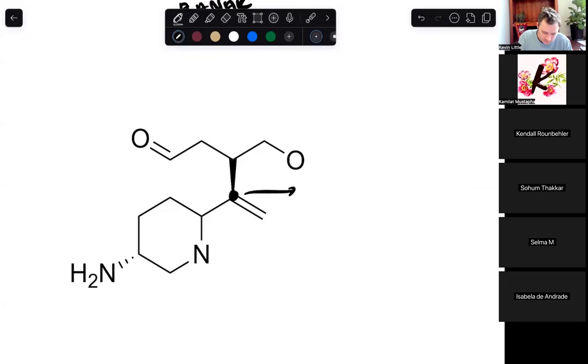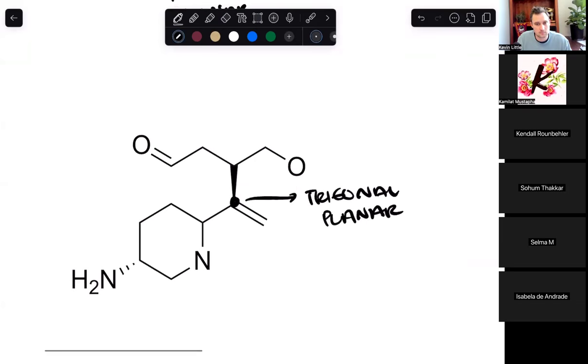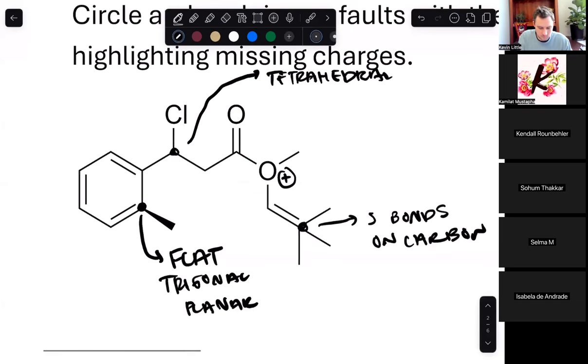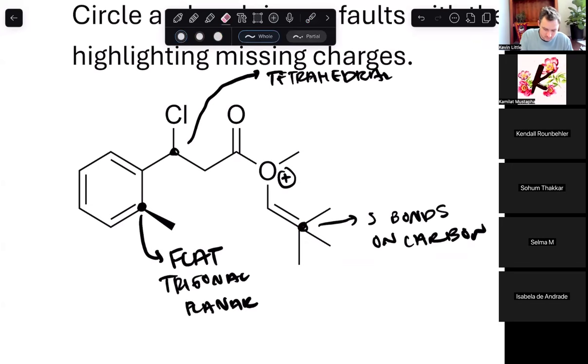Here's a problem: that should be trigonal planar. So it's a little weird that it would be coming out of the page off of that carbon. Someone asked if this carbon would be positively charged. It's five bonds.